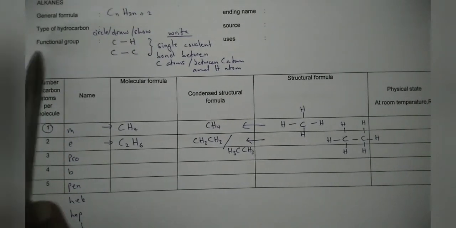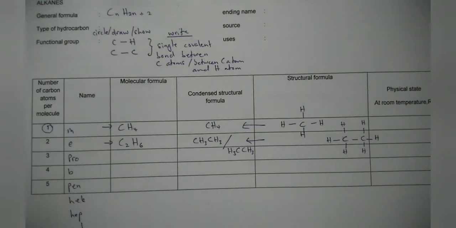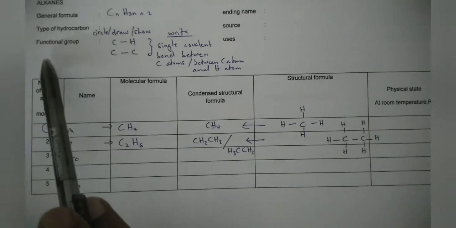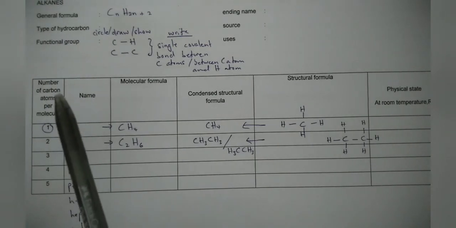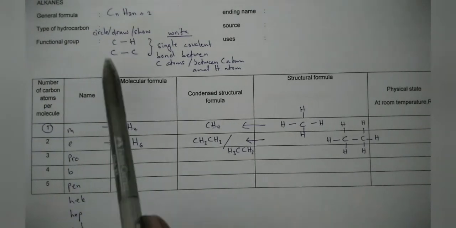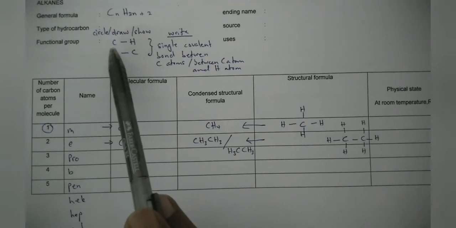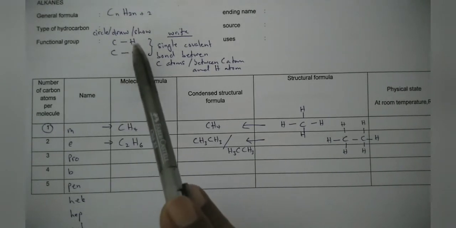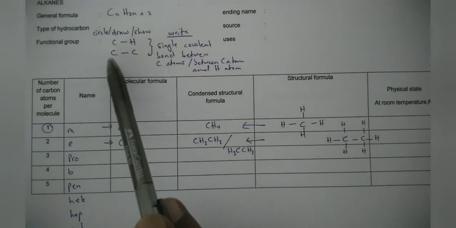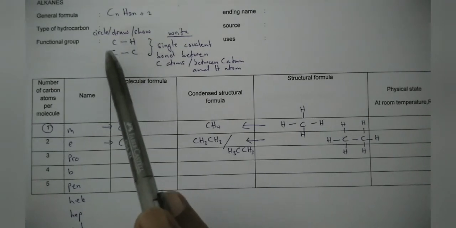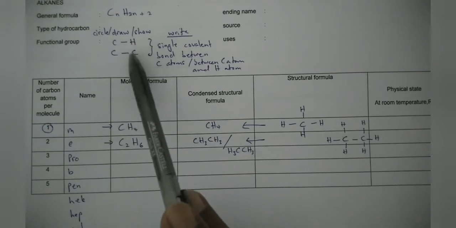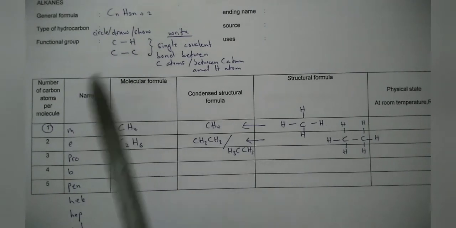About the functional group, when asked to draw or show or circle the functional group for the homologous series of alkane, we can write C bonded together by a single covalent bond with hydrogen atom, and C bonded together by a single covalent bond with another carbon atom.